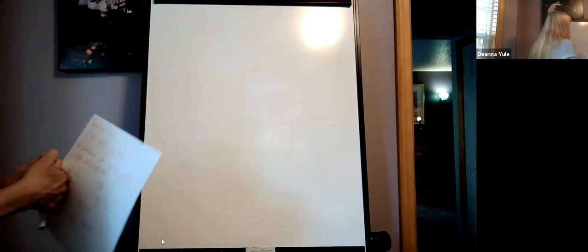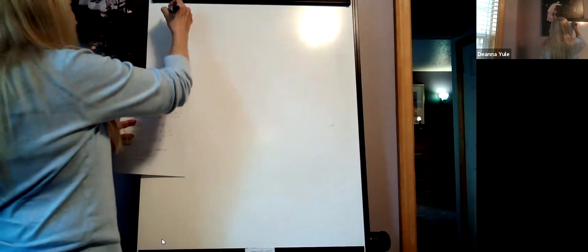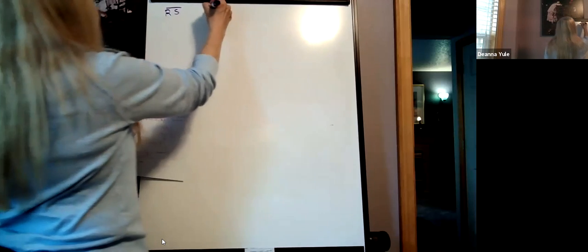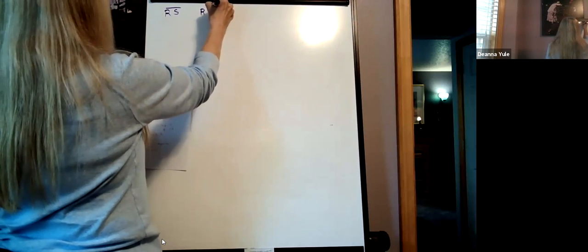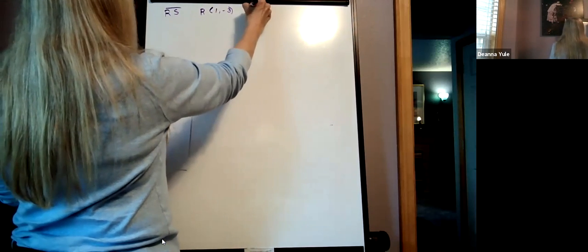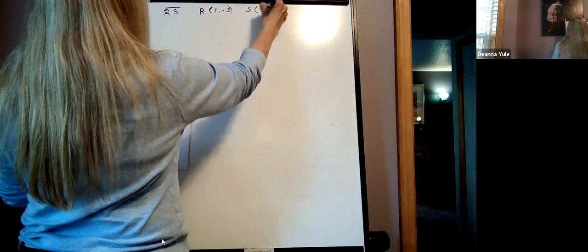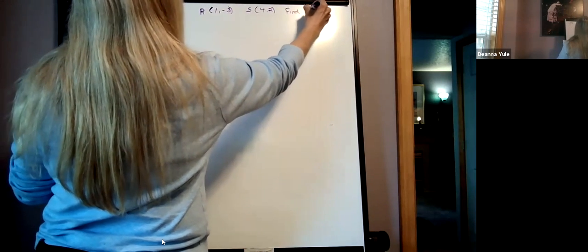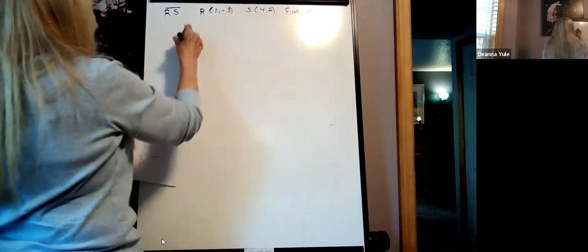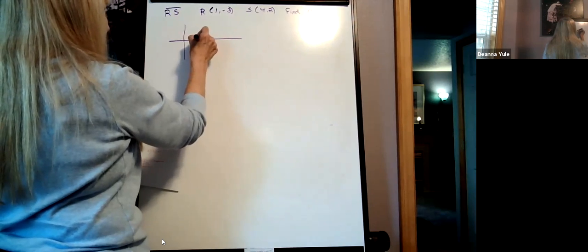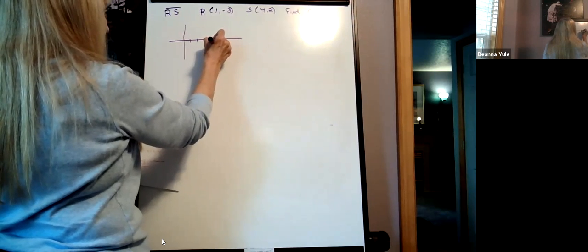So for this very first one, I have line segment RS, and I know that R has the coordinates 1, -3, and S has the coordinates 4, 2, and they want me to find the midpoint. So let's sketch this one for a second. Here's +1, 2, 3, 4.